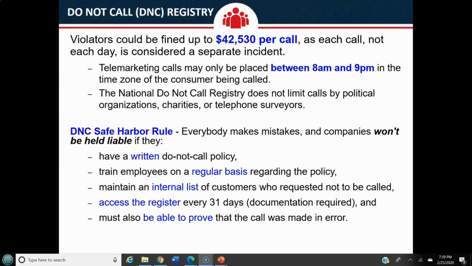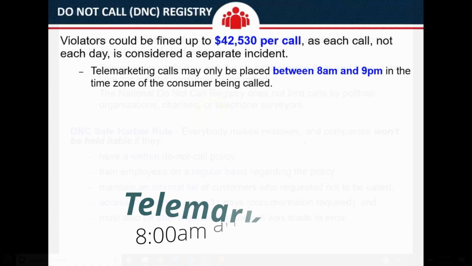This has changed a few times. It started out as $10,000, then it went to $16,000, then it went to $32,000, then it went to $41,000. But as of now, the violation for calling someone on the Do Not Call list is $42,530 per call.